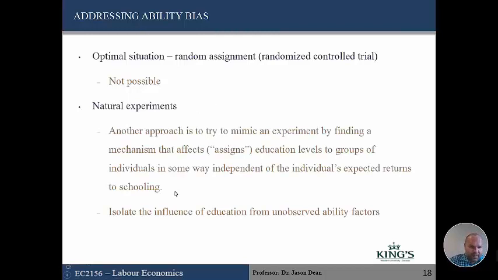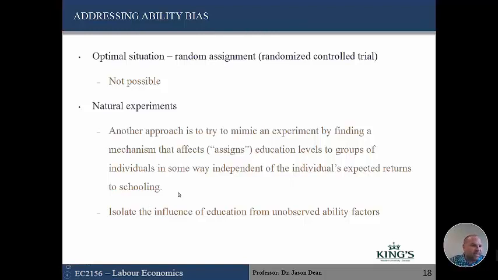So the only thing we can really do is use different natural experiments. We could try to mimic a randomized controlled trial by finding a mechanism that assigns the education levels of groups of individuals in some way independent of the individual's expected returns to schooling.